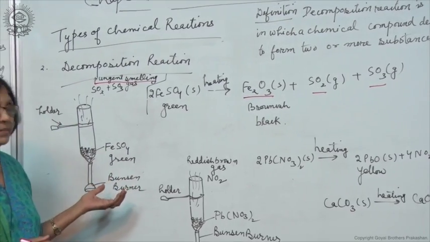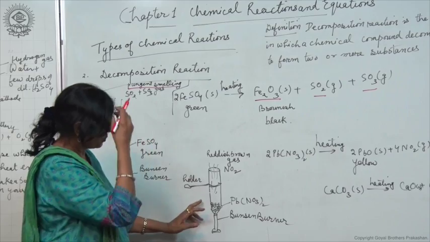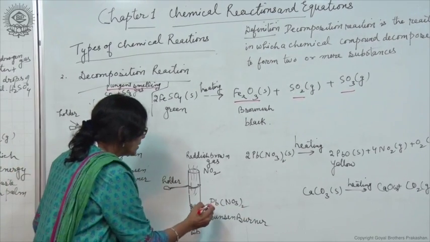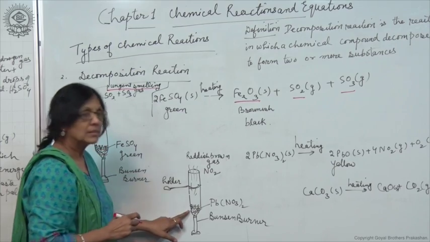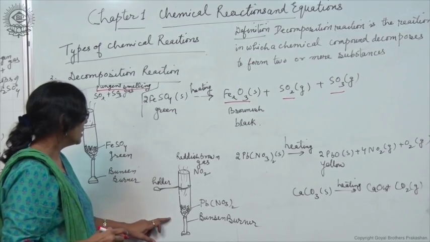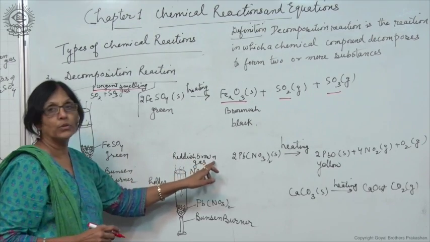Another activity which can be performed in the lab in the same manner: in a dry glass test tube, lead nitrate crystals, Pb(NO3)2, are taken and heated over the flame of a Bunsen burner. Now, what happens? A gas is evolved which is reddish brown in color.